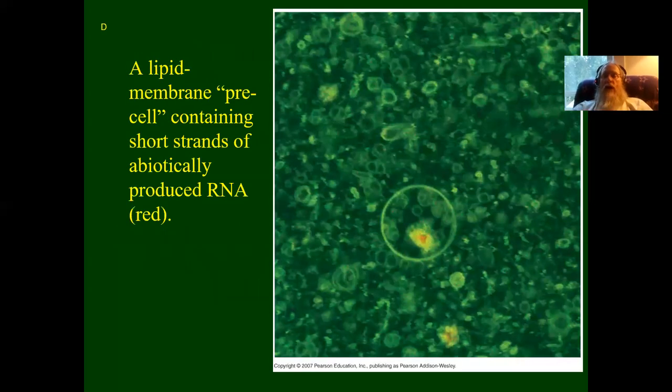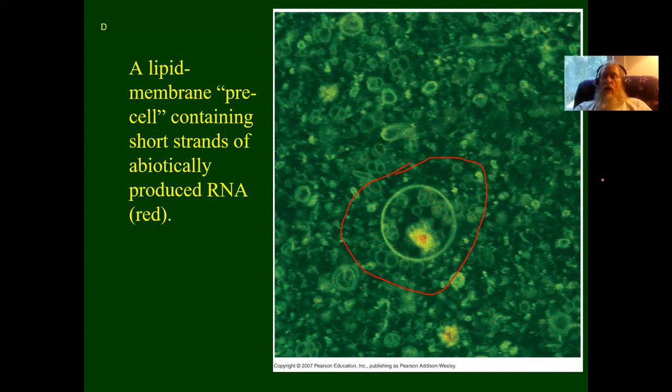Now, of course, you've got to get those things inside the membranes if you're going to take a useful step towards making a cell. And so in experiments where you abiotically produce RNA along with lipids so that you can form these membranes, sometimes, as we see here in the center, you get some of that RNA enclosed within some of those membranes.